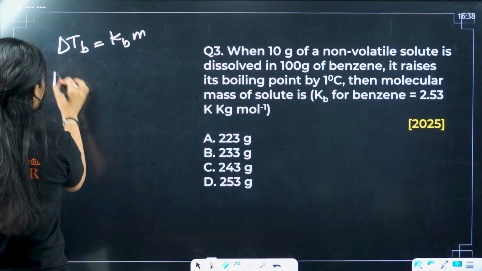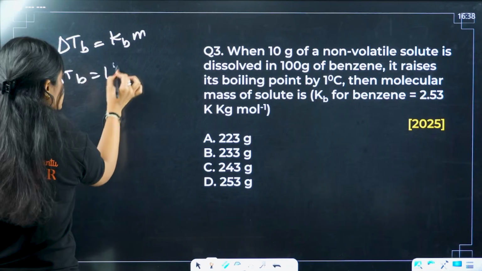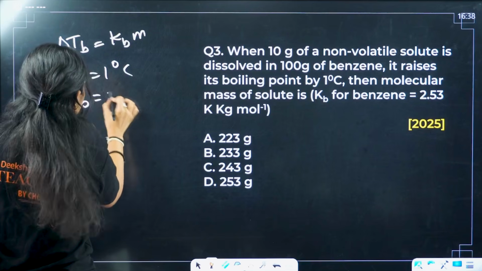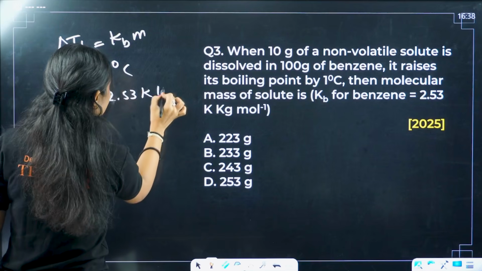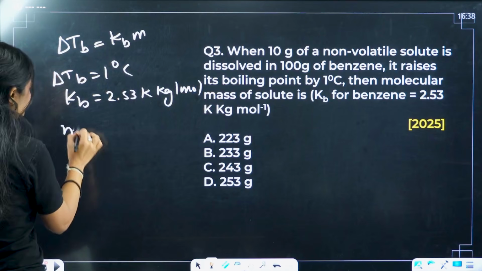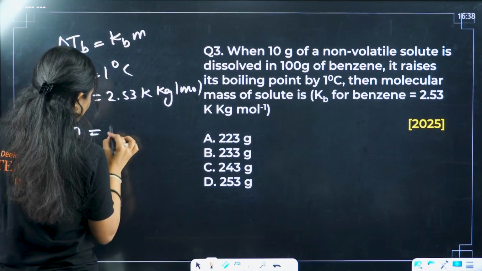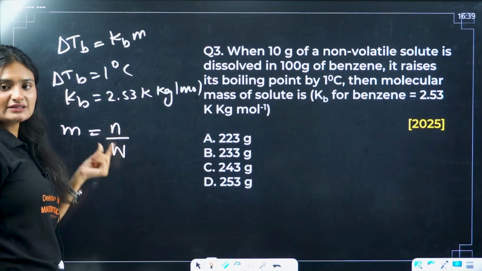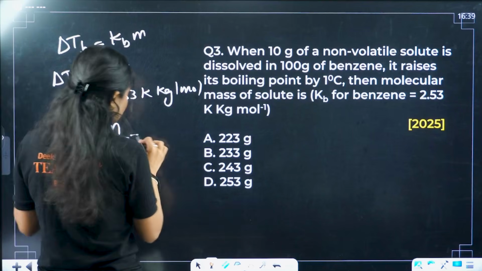This is given, del Tb is equal to 1 degree Celsius. Kb is already given. Kb is what? 2.53 Kelvin kilogram per mole. Okay. m, molality. What is molality? Number of moles of solute present in 1 kilogram of solvent. What are the number of moles of solute?